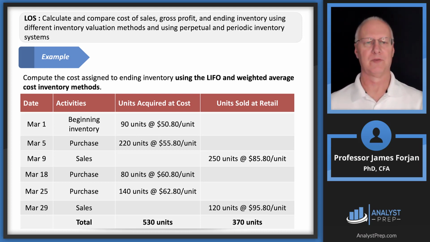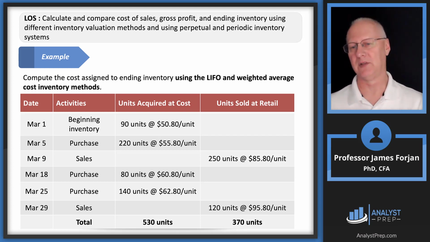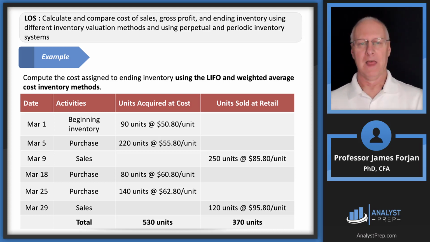So let's go through this middle column first. What are we doing? We start with 90 units at $50.80, and then we make a purchase. So we've got 90 plus the 220 in our inventory, and then a few days later on March 9th, we sell a bunch of these at $85.80. Now notice 90 plus 220, we had 310 in inventory.